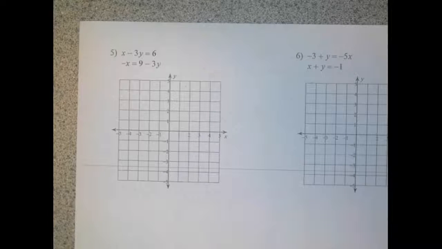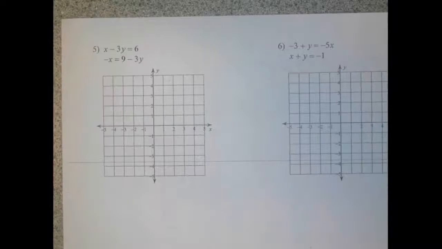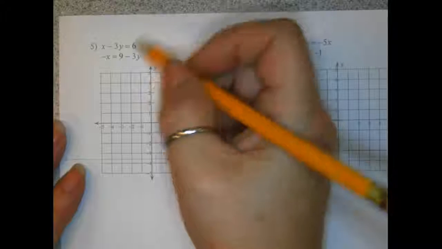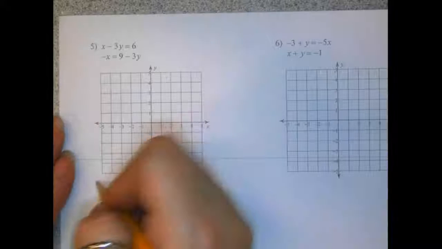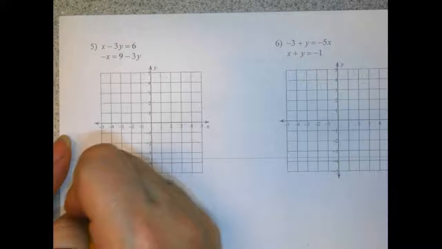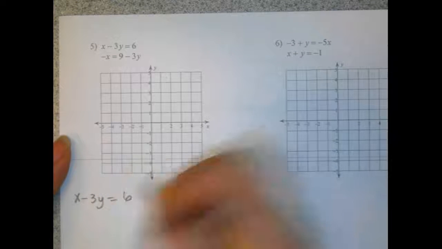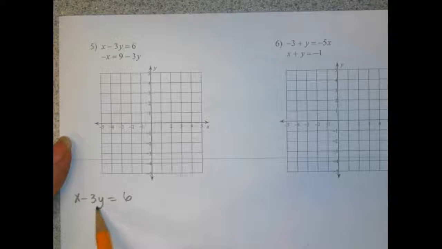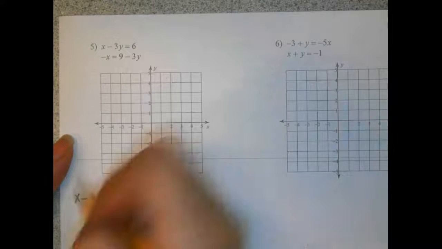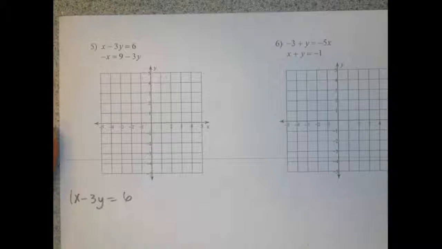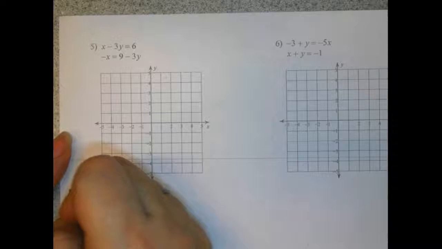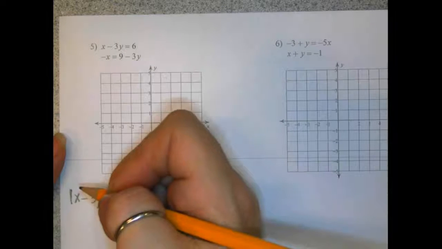All right, so now we're going to look at the second special answer. I'm going to use my same approach of putting it into slope-intercept form. I'm just going to write down my first equation here. My y is already on the left, so I need to move this x. What's in front of x? 1. So in order to move 1, I need to do what step?